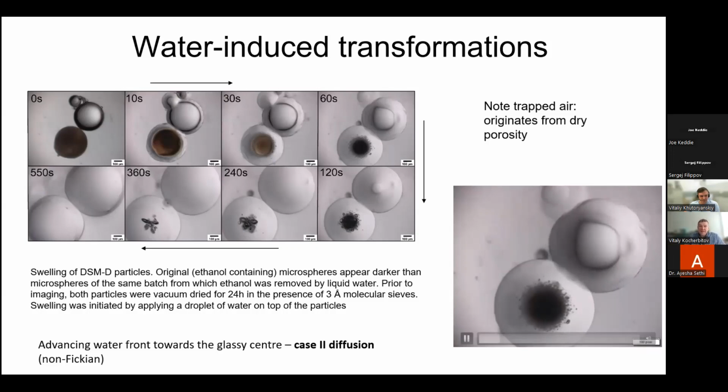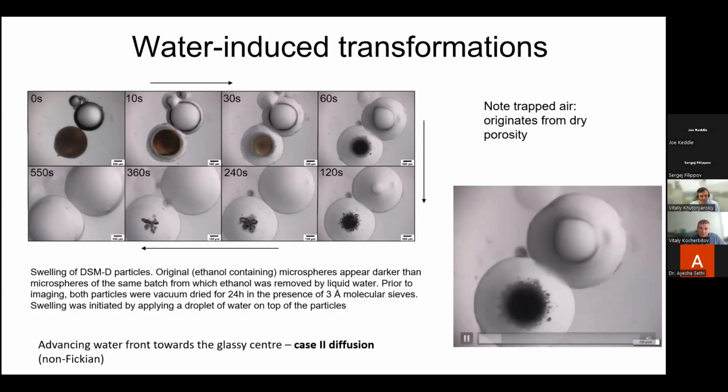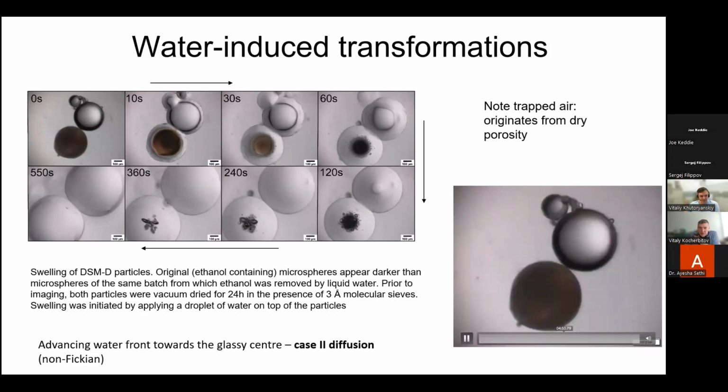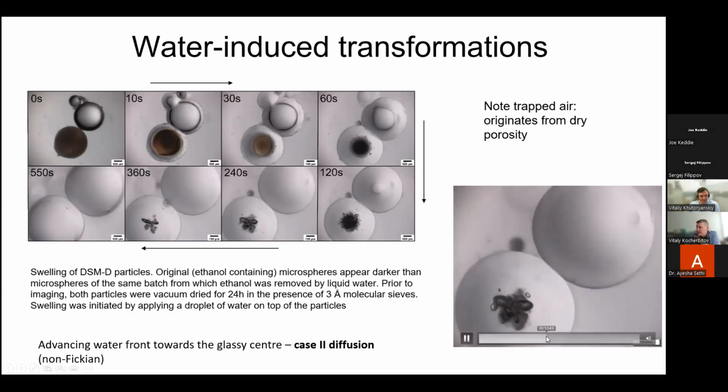This is because the particles have different histories. The particle on top we first hydrated before this experiment and dried, but the particle below we used as it is. We believe that the particle on the bottom actually had porosity which contains some air, and then water comes from the sides.